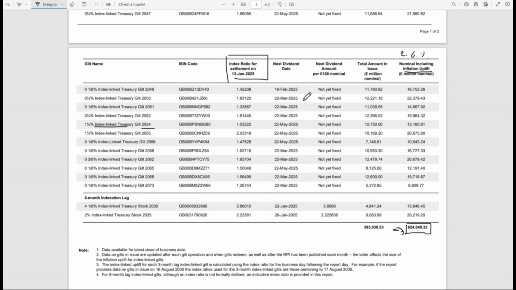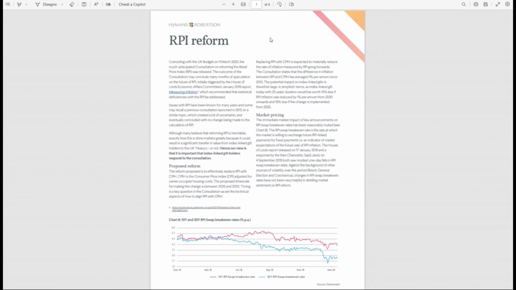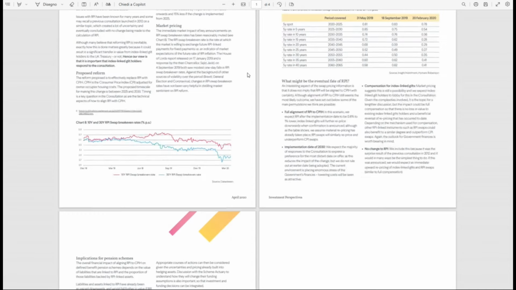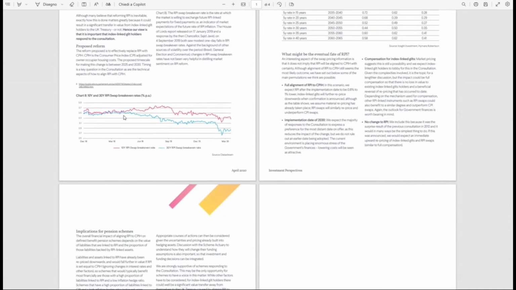And then there is another problem, that this stuff that is linked to inflation then requires hedge funds to hedge it. So the market utilizes something that is called inflation... What is the name? So basically is inflation.